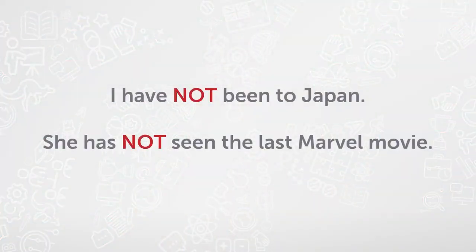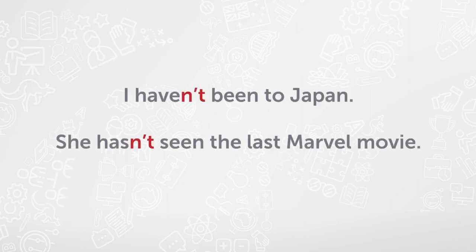So for our examples, we would say, I have not been to Japan, or she has not seen the last Marvel movie. And again, if we want to make them shorter, we'll just say, I haven't been to Japan, or she hasn't seen the last Marvel movie. Great! Pretty easy so far, right?